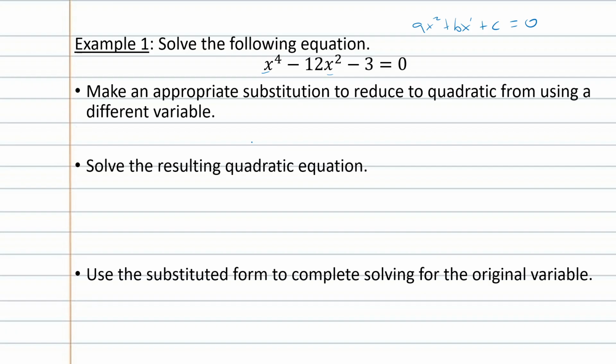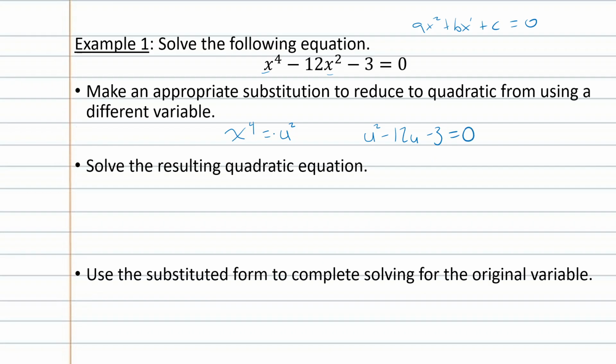So technically, if we let x to the fourth equal a variable u squared, we could substitute u squared in for x to the fourth. In our new formula, it would look like u squared minus 12u minus 3 equals 0.